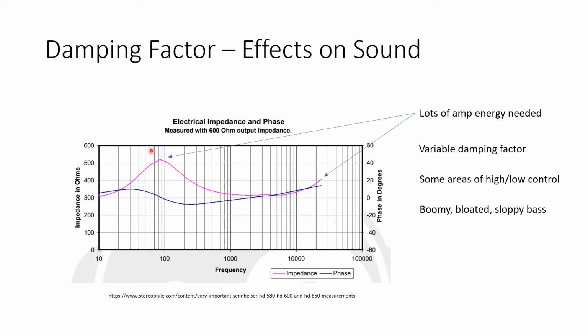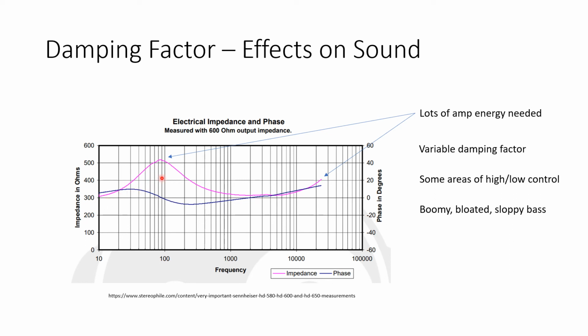All right, what does this mean here? So if you look down here, in these bass frequency regions, well below about 80-ish hertz, as this graph shows, we're going to have a low damping factor, which means low driver control, which means we can often have boomy, bloated, sloppy bass. Just really muddy, uncontrolled.